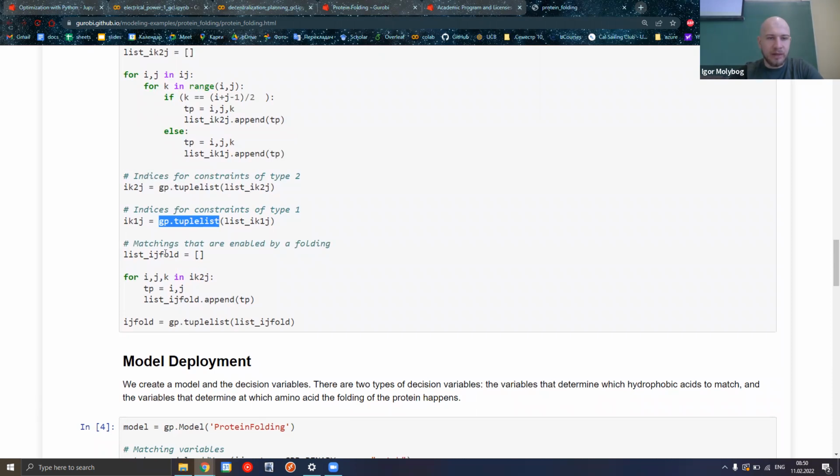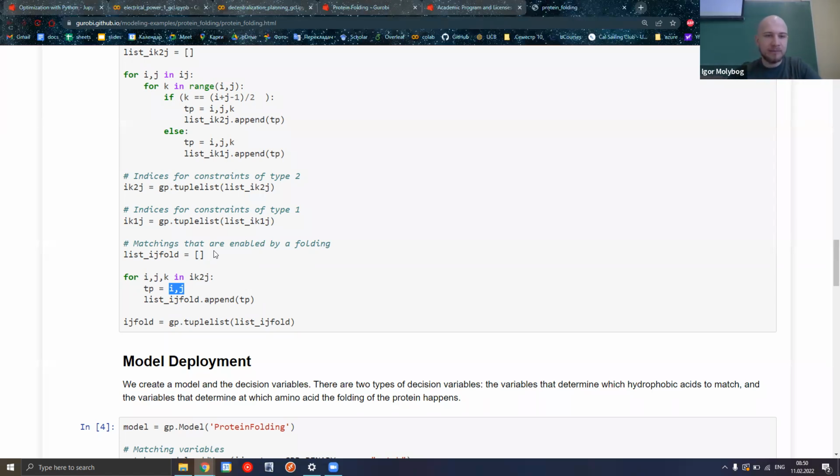Matchings that are enabled by folding are going to be called list ijfold, and we are putting down all of the possible ij's for which k would be in the middle of ij.